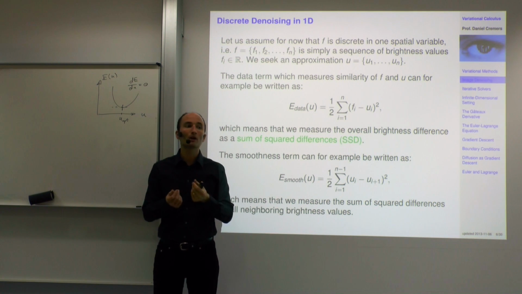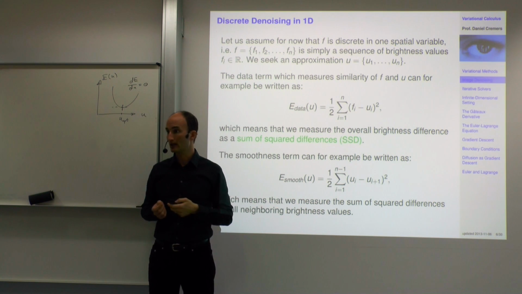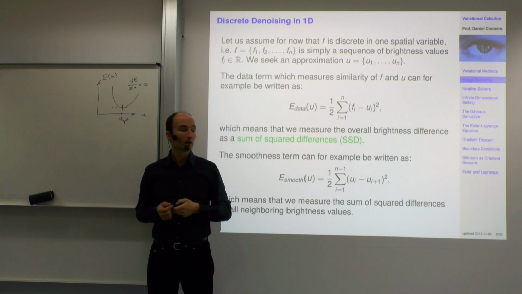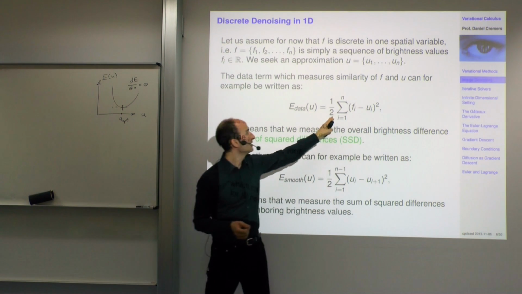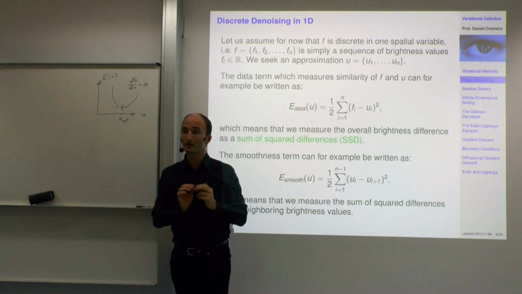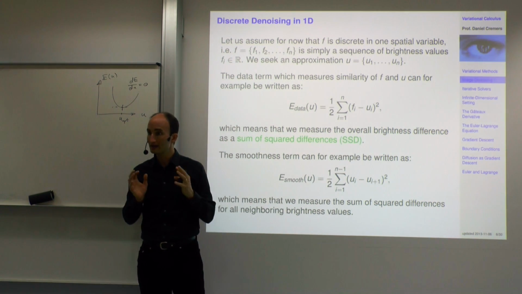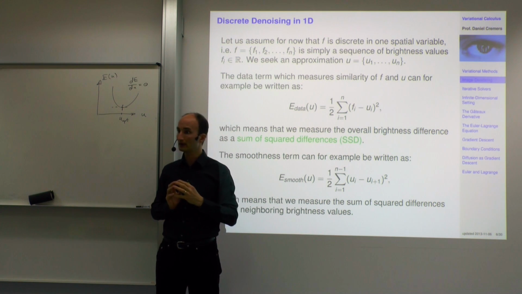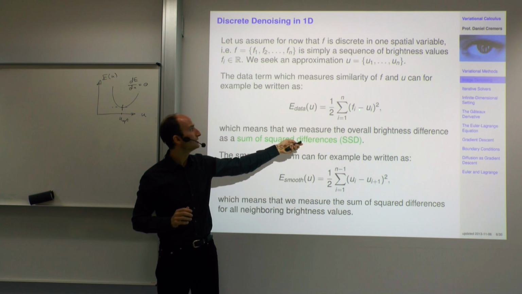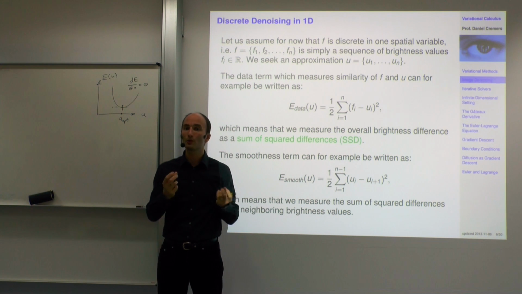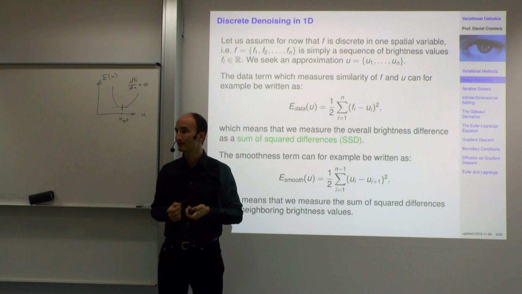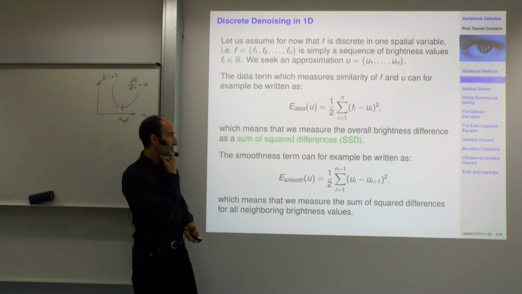The next modeling choice is how we measure that similarity. Ideally, the cost function is 0 if u is equal to f, because then similarity is perfectly fulfilled. But as soon as u deviates from f and is slightly different, we have a freedom of how we measure that discrepancy. And so this is one choice.